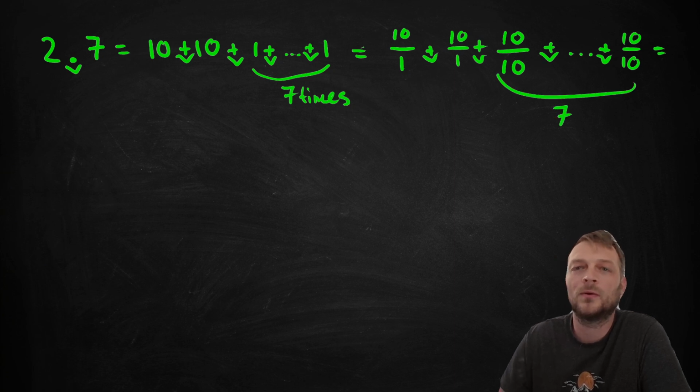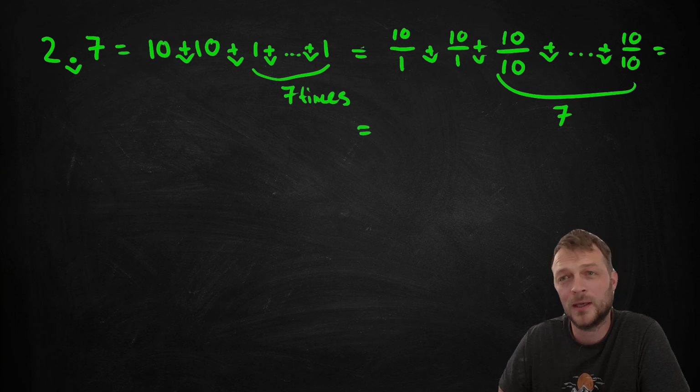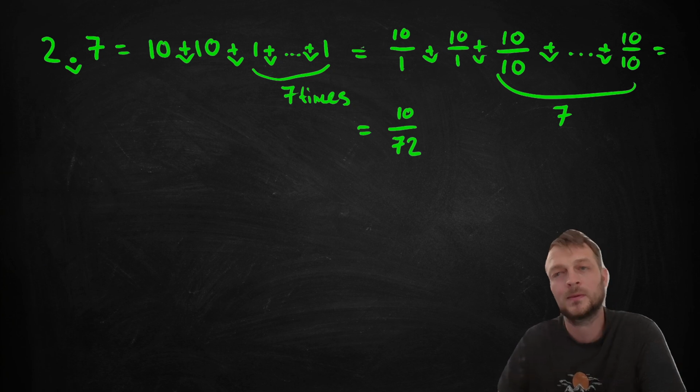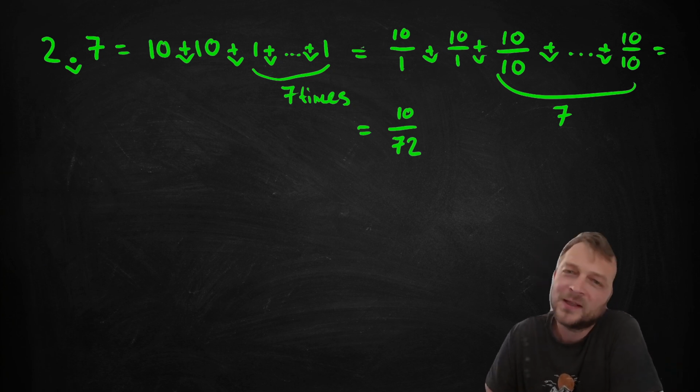So we use the rule of common numerator, so we get 10 over 7.2. And let's rewrite it as 1 over 7.2.